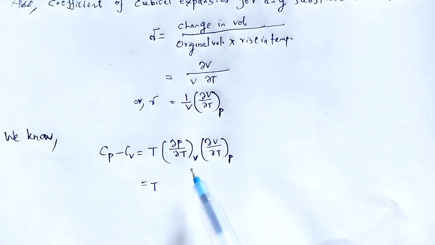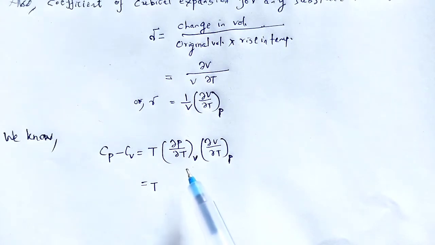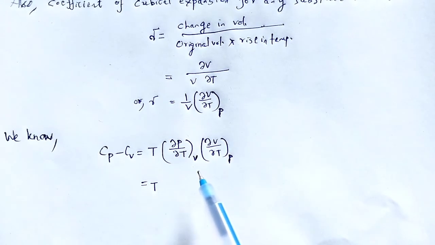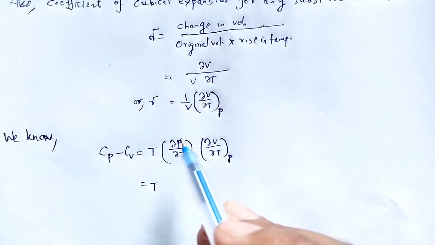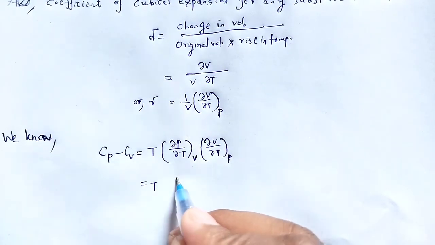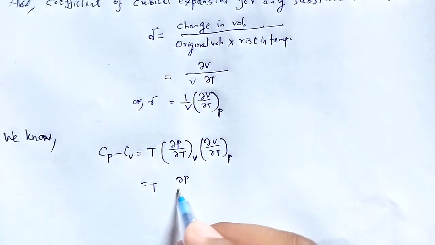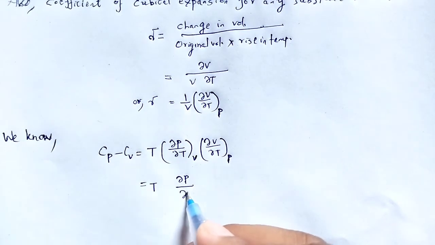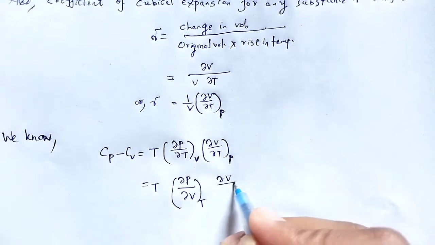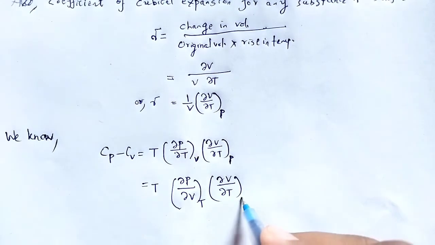now what we take here? We change it. We write del P by del V at constant temperature and del V by del T at constant pressure.